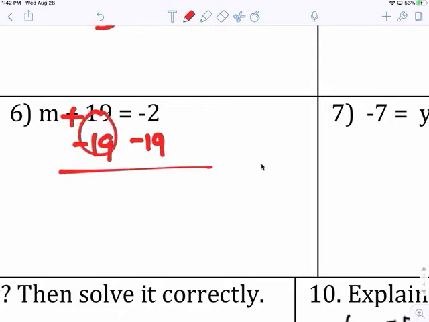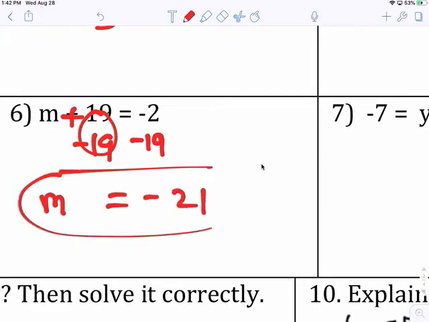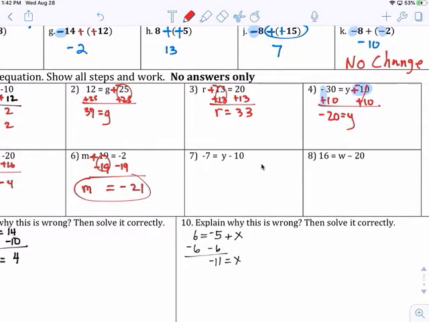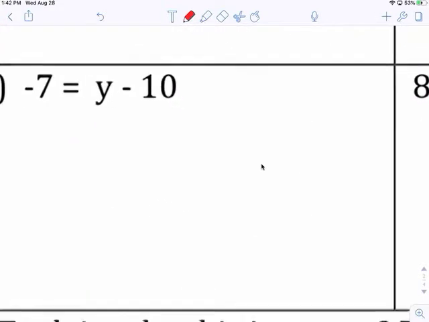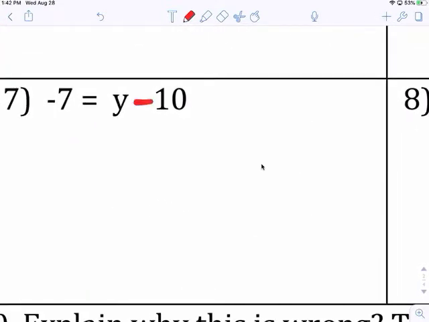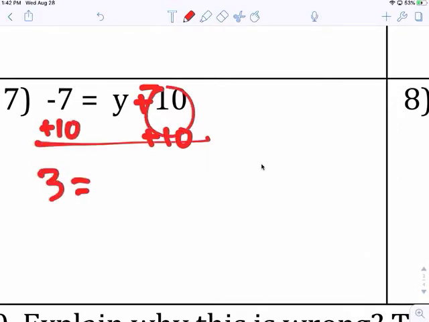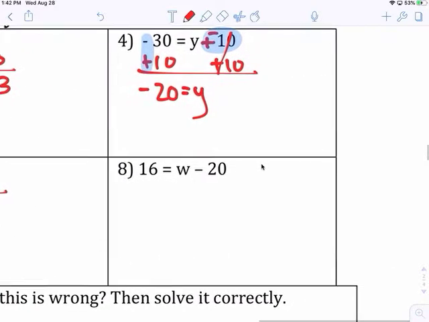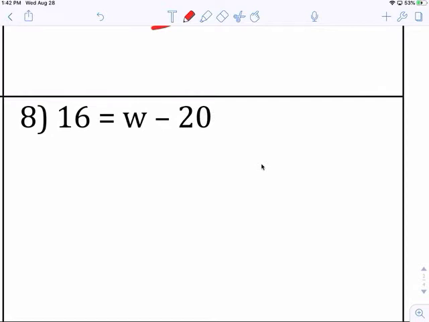That's 0. Bring down the M. Okay, y -7 equals y minus, that's a minus plus a negative. Add 10. 3 equals y, subtract because it's a negative. Additive inverse because of minus, w minus, plus a negative by adding 20.